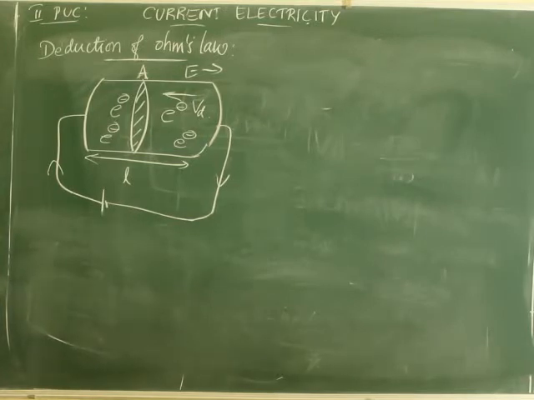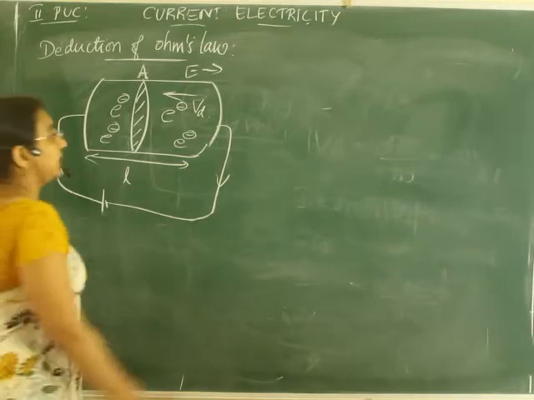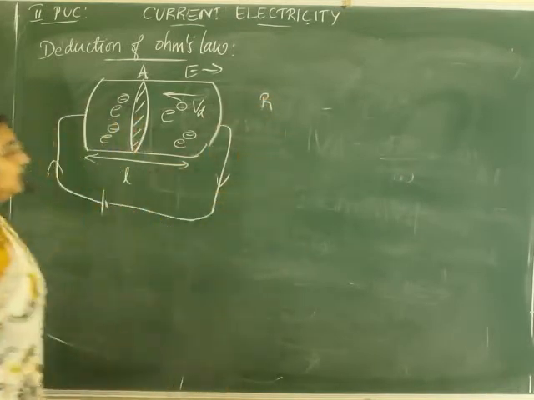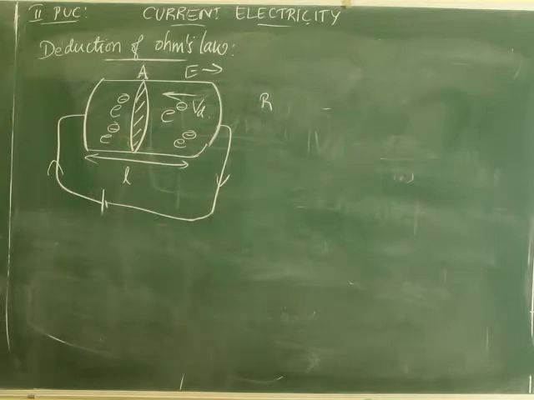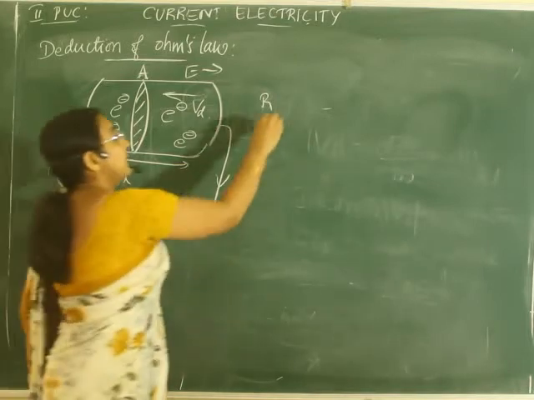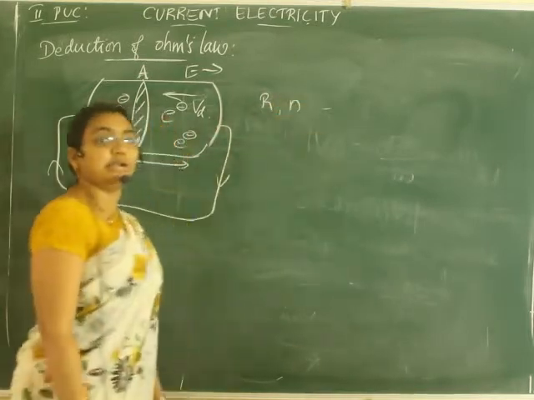R be the resistance of the conductor. We don't need rho or sigma. N be the number of electrons per unit volume.